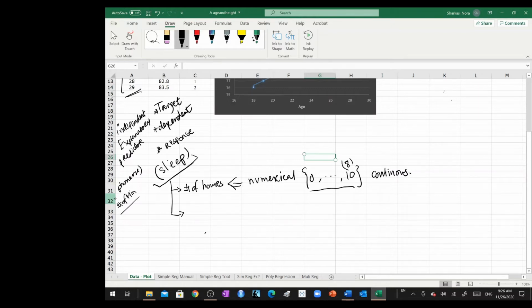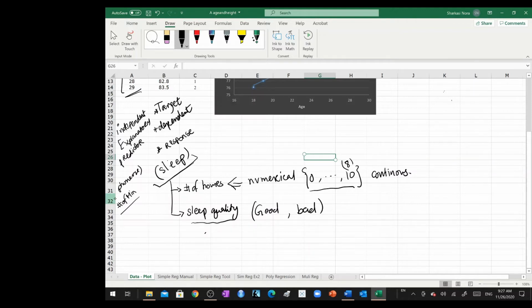Another way that you can study the sleep quality is by asking the individual, the subject, whether they had very good sleep and were satisfied with their sleep, or they had very bad sleep and are not satisfied with it.